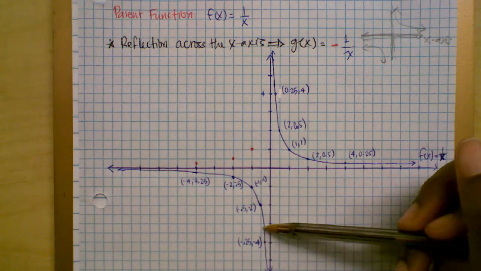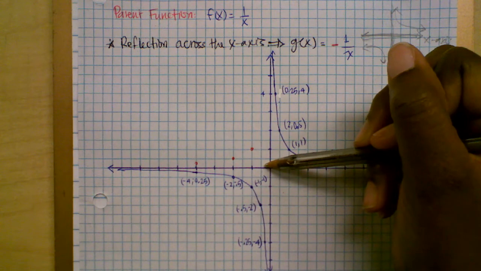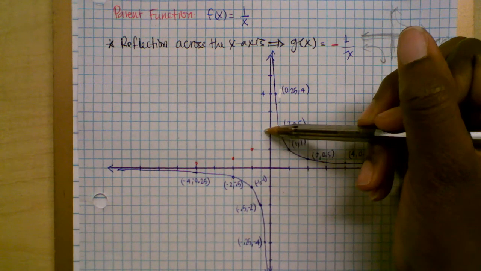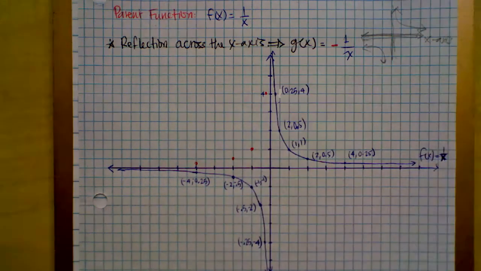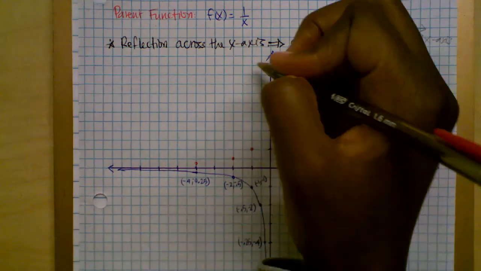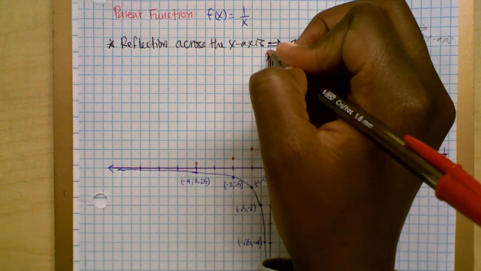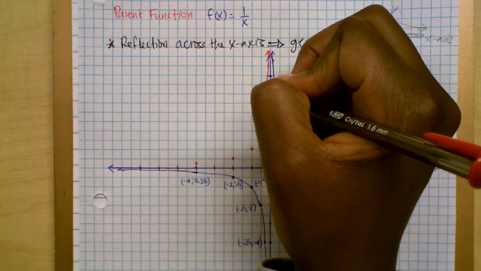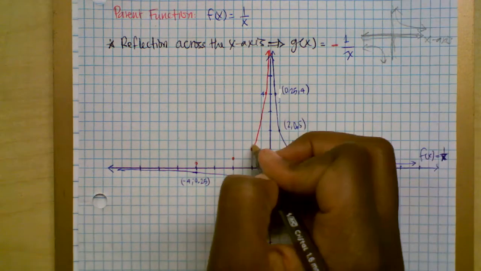So its reflected point needs to be about 8 squares away. Let me go 2, 4, 6, 8. I'm going to place it right here. Then I'm going to connect the dots. Make sure you push against the asymptotes without crossing them, and include the arrows on both ends of the rational function.